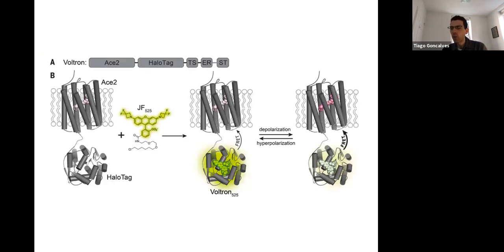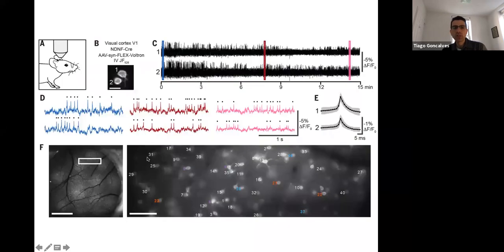Imaging voltage is a lot harder than imaging calcium, because voltage is something that you can only measure at the membrane, as Luke explained, and it changes at much faster time scales than calcium. These Voltron probes have membrane proteins that are sensitive to voltage, and they use HaloTags and Janelia Fluor dyes that are highly resistant to photobleaching. Apparently you cannot image for very long.